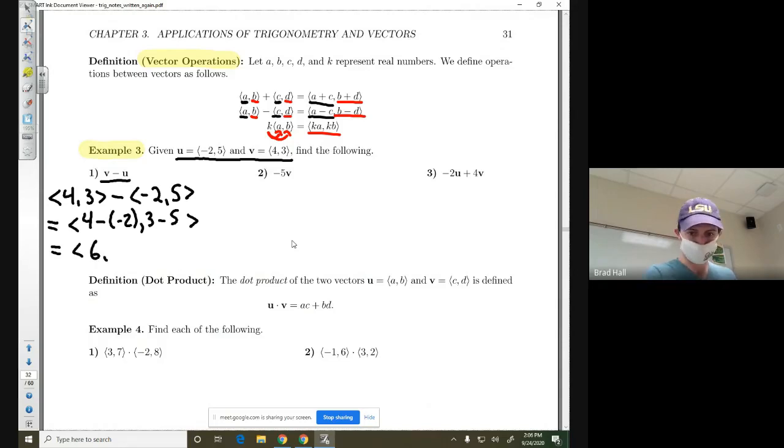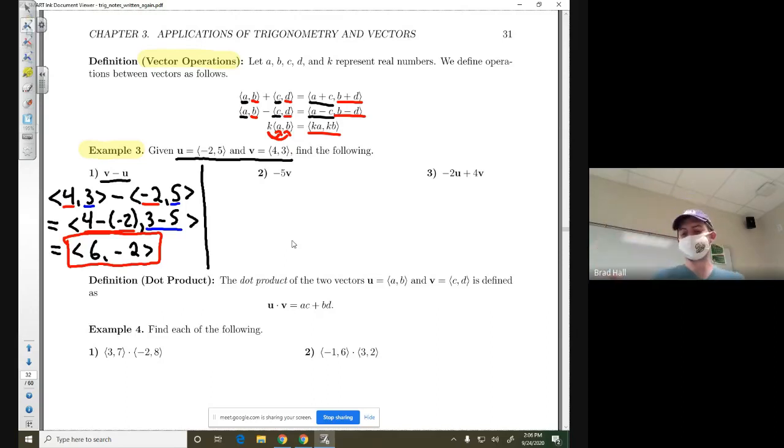And so arithmetic aside, this would just be 6, -2. So it's component by component subtraction in this case, and your answer is a new vector. So you subtract one vector from another, you get a new vector. And that would be it. That's your answer.